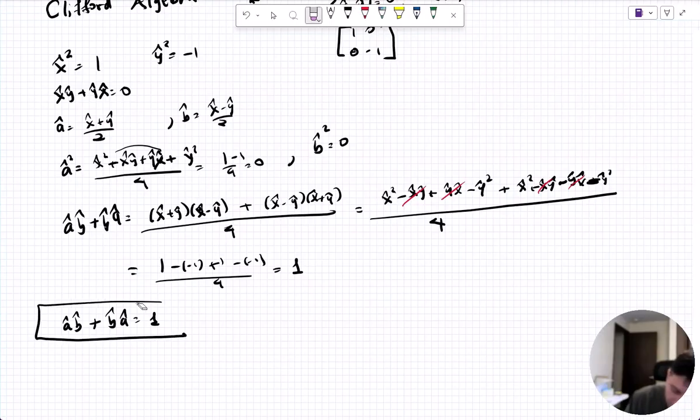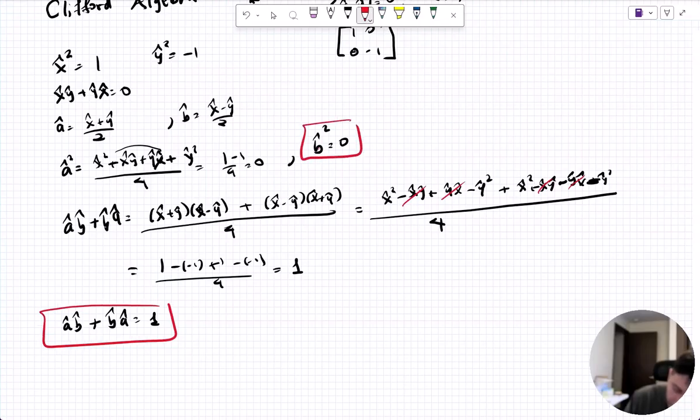And I should be using a red marker because this is an important result, right? This one is also important too. So this Clifford algebra has two elements that are idempotent, and it has this nice relationship AB plus BA equals 1, or the identity.